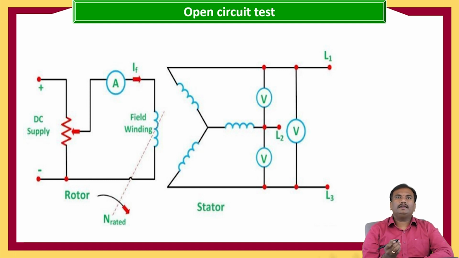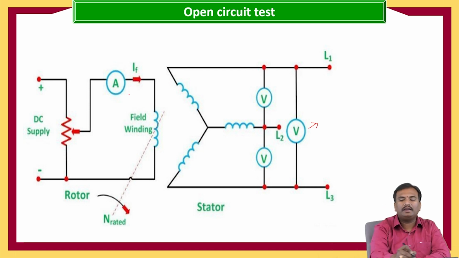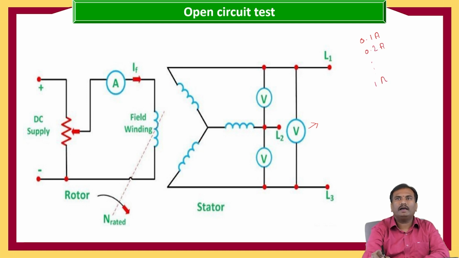And here we are going to vary the field current such that when the field flux varies, we get a change in the voltage. Step by step we vary it, like 0.1 amperes, 0.2 amperes, and so on up to 1 ampere, and the voltmeter reads the line to line voltage.